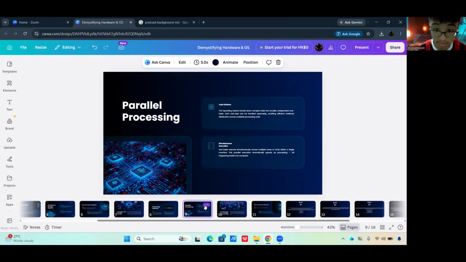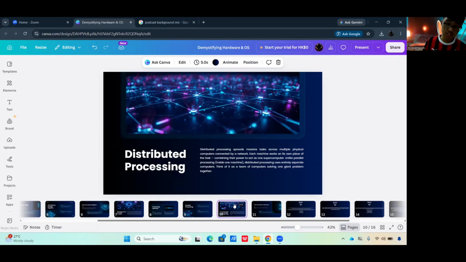Here are the other two. Parallel processing breaks down complex tasks into smaller, independent subtasks, and each subtask can be handled separately, enabling efficient workload distribution across multiple processing units. And there's distributed processing. It is similar to parallel processing, but instead of processors, it uses physical computers connected by a network.